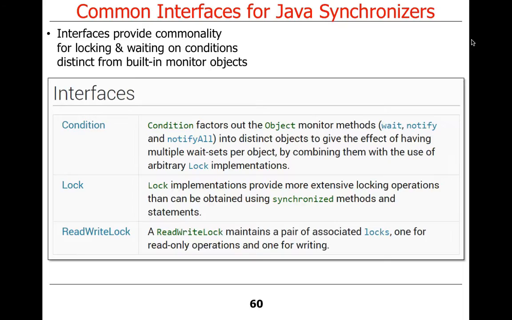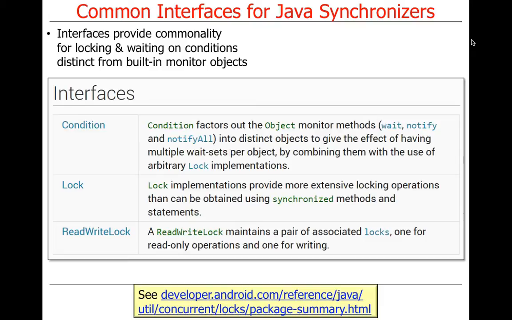There are a lot of things in common there. Here's one thing in common. If you look at the documentation for the java.util.concurrent.locks package, you'll see there's a set of interfaces for Condition, Lock, and ReadWriteLock.